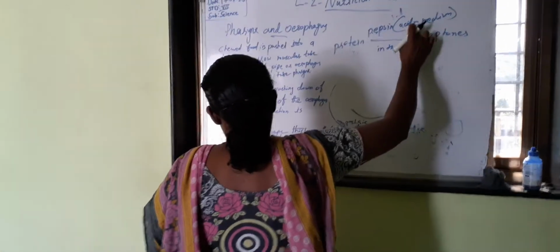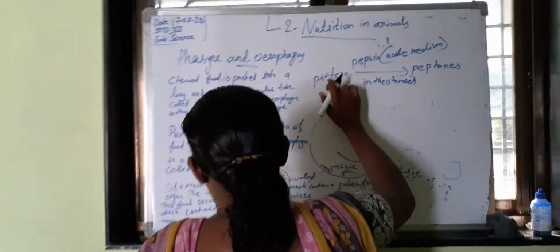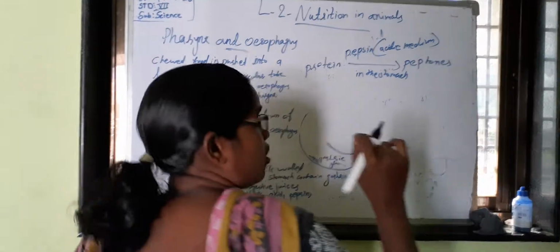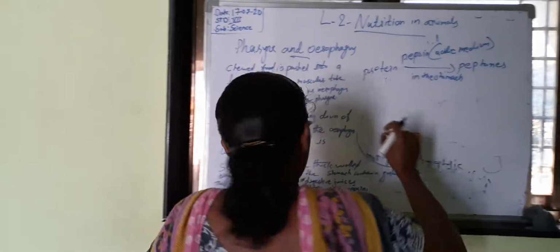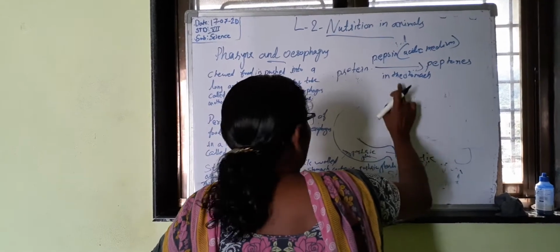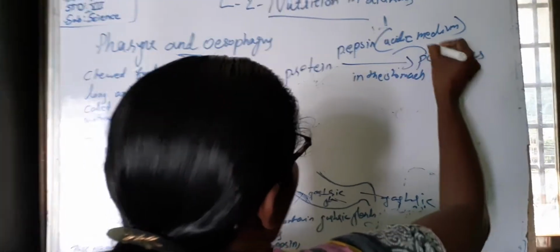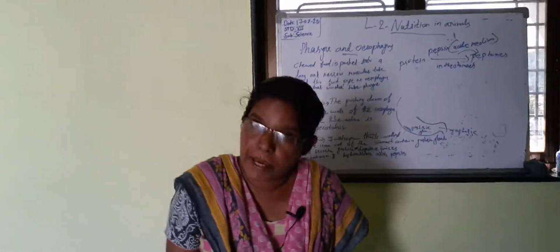Pepsin, in an acidic medium, digests the proteins in the food to form a simple soluble substance called peptone.